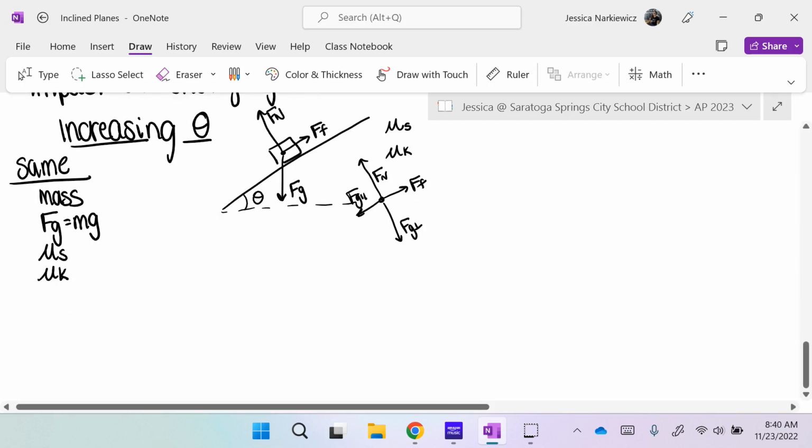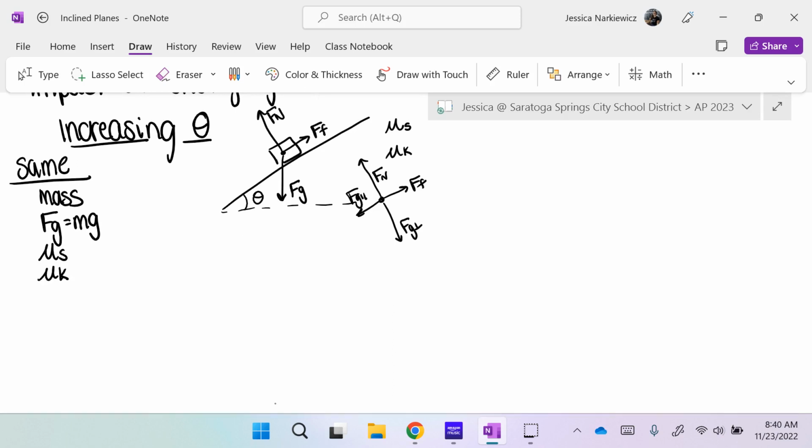Where things change. Let's write out our net force statements, because that's going to help us figure out where things change. My normal force and my Fg perpendicular have to equal each other, so my normal force is equal to Fg cosine theta.